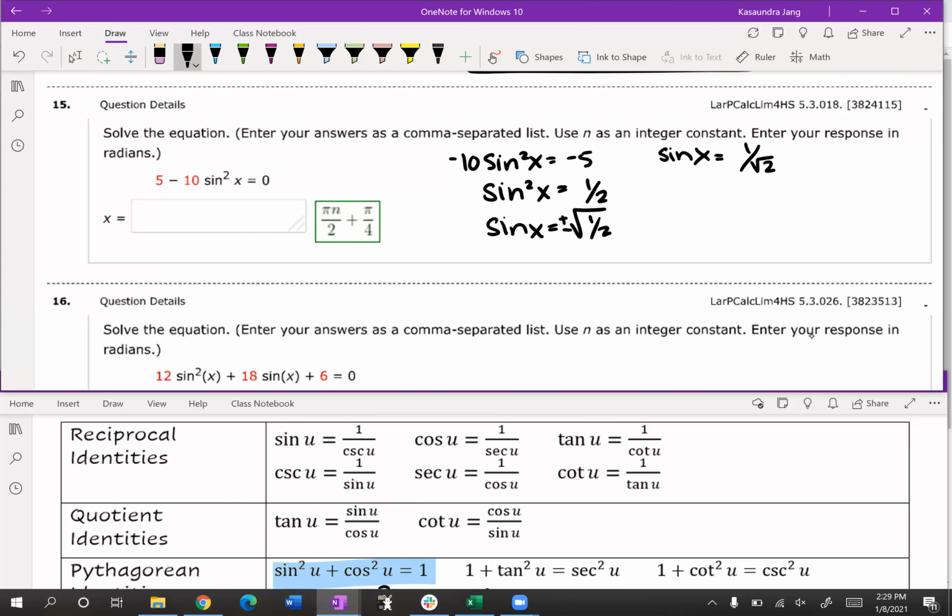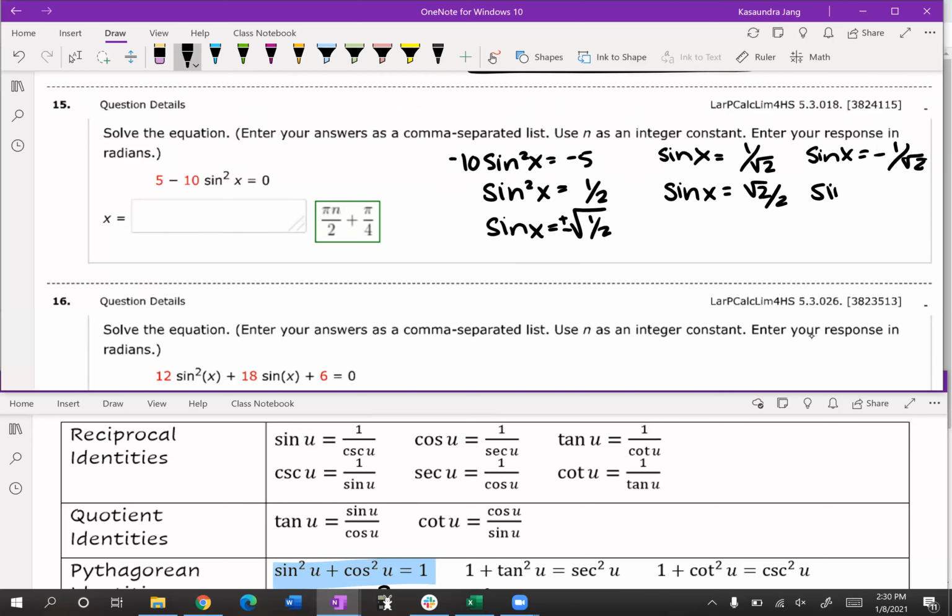I wrote it like this because the square root of 1 is just 1, and the square root of 2 I'm leaving as root 2. So I got my positive, and then this is my negative. If I rationalize the denominator, I think what we're more familiar with on the unit circle is root 2 over 2.